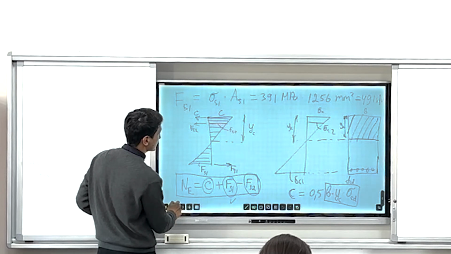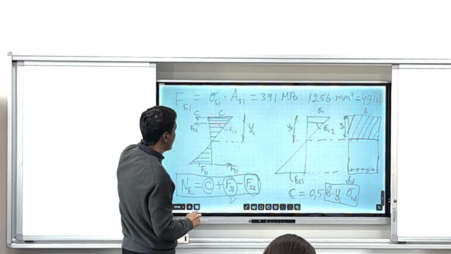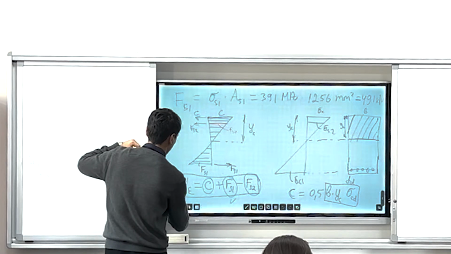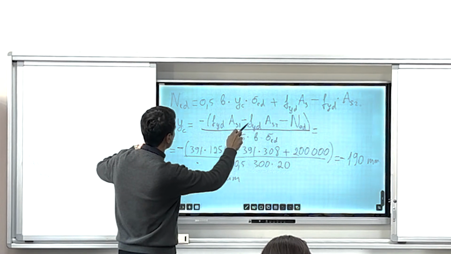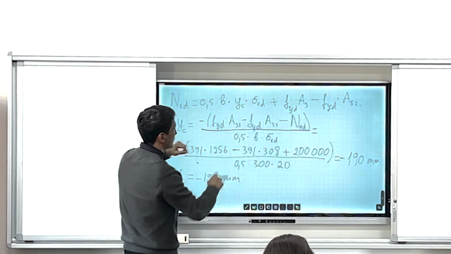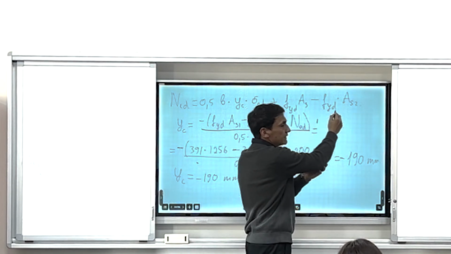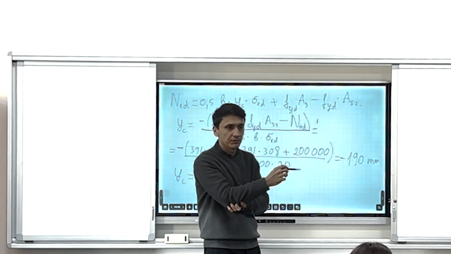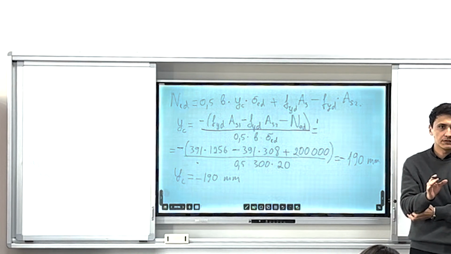The reason is because I'm considering it as a compressed part, and I cannot put plus because instead of FSD, I'm putting a positive value. Do you understand why?